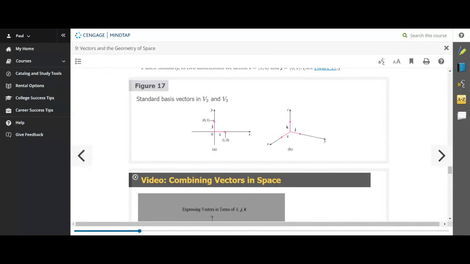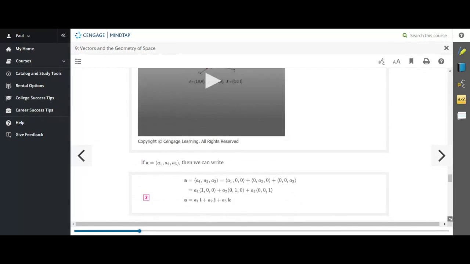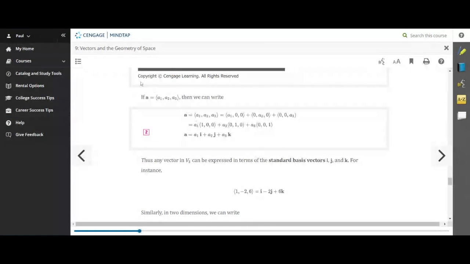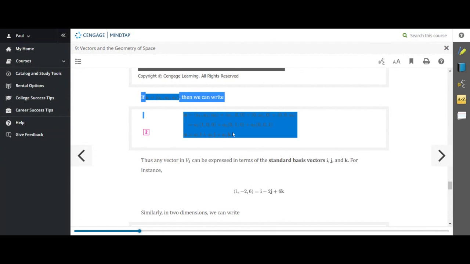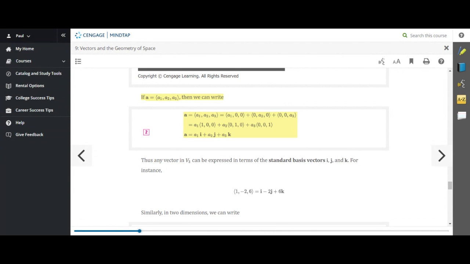And so if the vector a had components a1, a2, and a3, then the vector a would simply equal a1 times i plus a2 times j plus a3 times k. That's what it would equal.